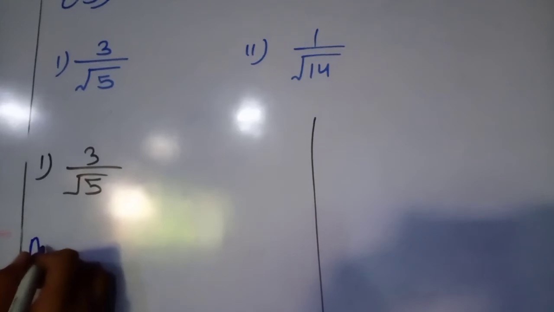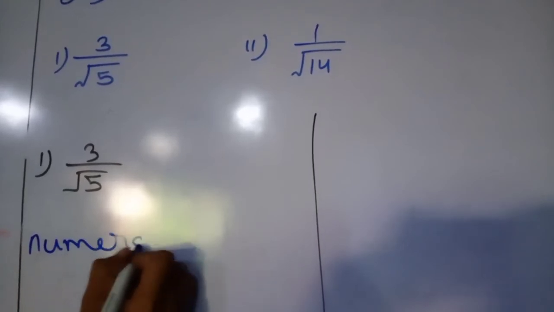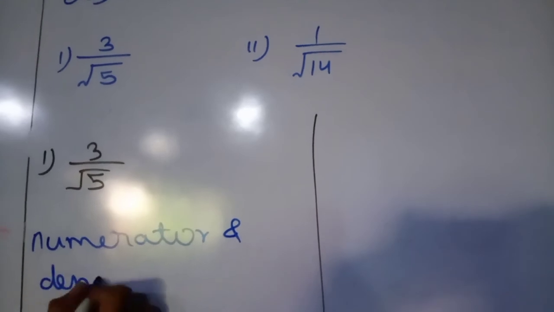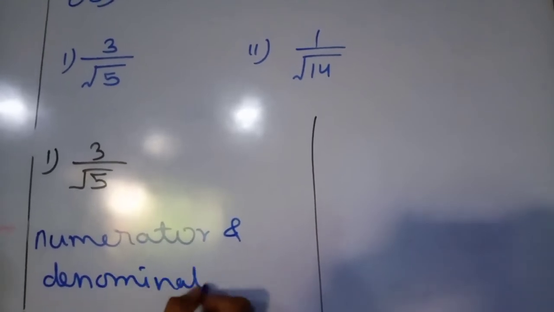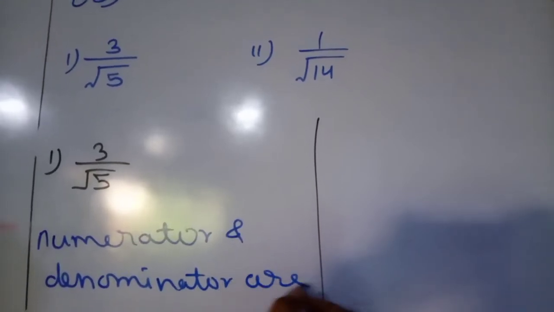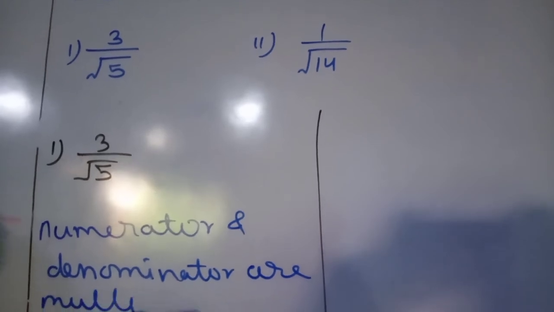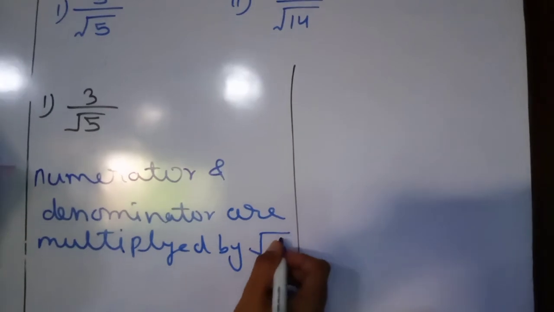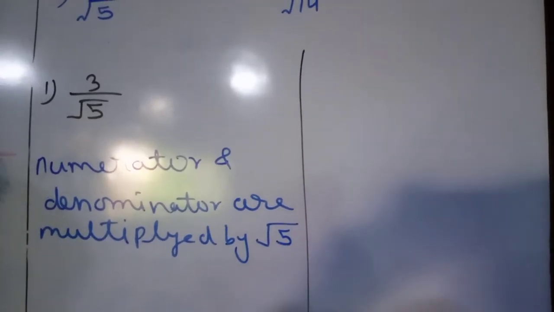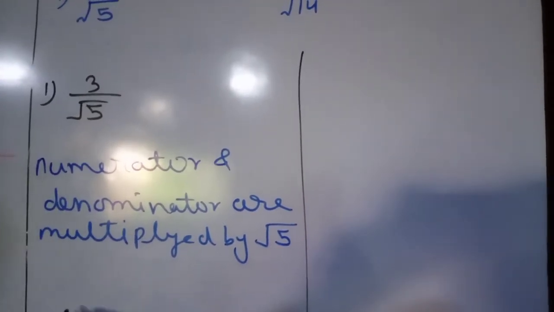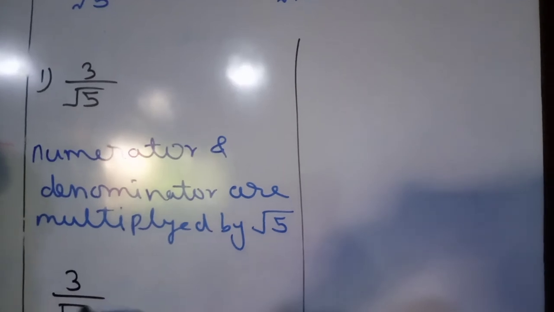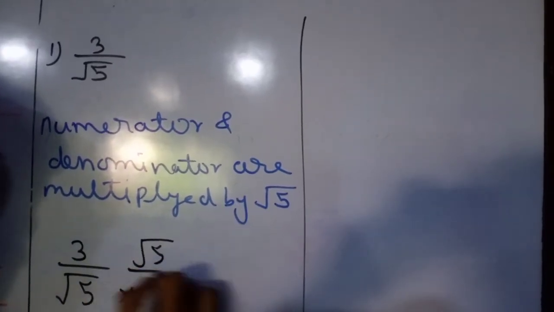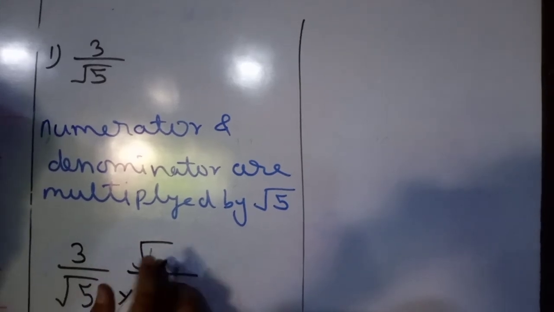So we are going to write numerator and denominator are multiplied by root 5. So what will we get? 3 upon root 5, and in the numerator also root 5.